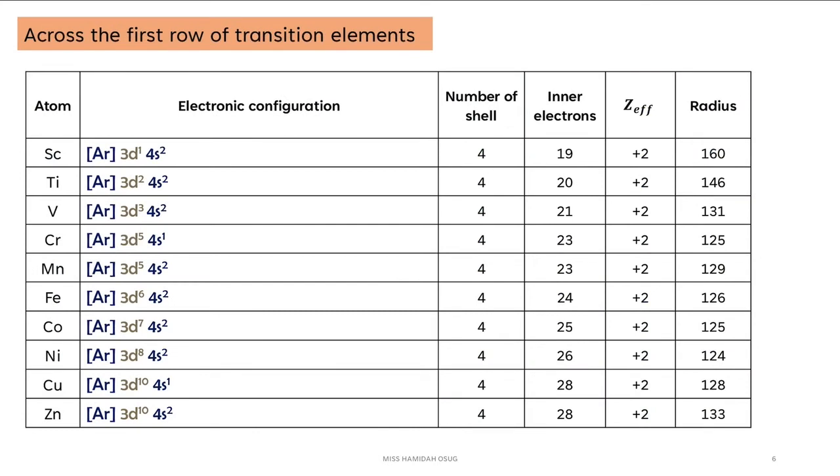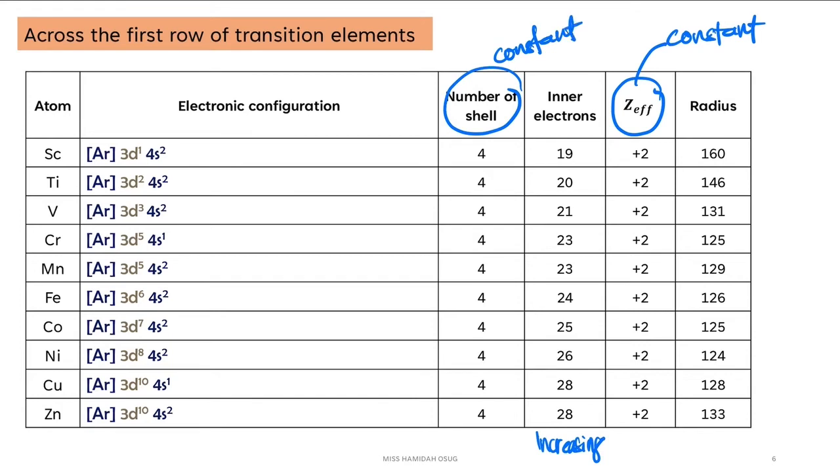Now let's take a look at the inner electron, where from left to right of the period, the inner electron is increasing, while the Z remains constant. When we look at the number of shell also, the number of shell remains constant.